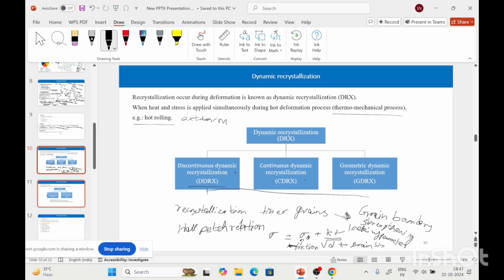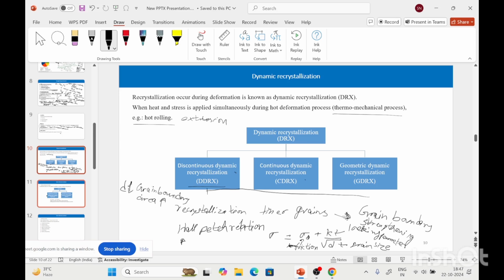So as the grain size decreases, the grain boundary area will increase. Means as d, the grain size, decreases, the grain boundary area will increase.